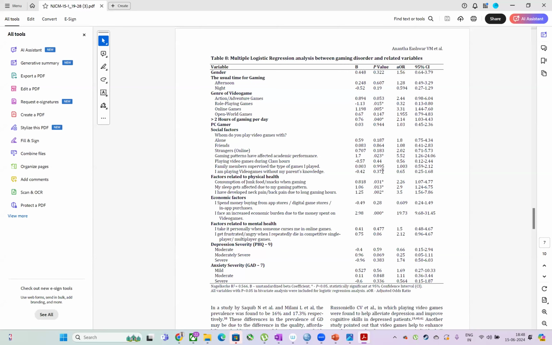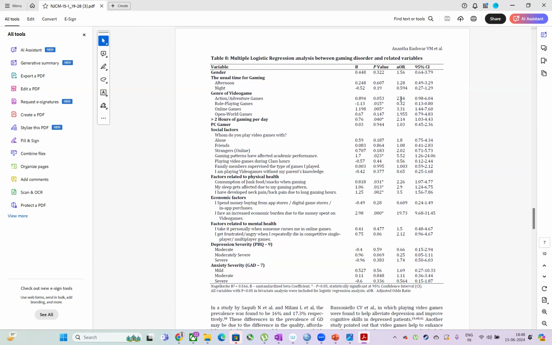So this is the logistic regression table. If you see over here, if the odds ratio is greater than 1, you see a positive beta value. If the odds ratio is less than 1, you have a negative beta value. Can you see over here?